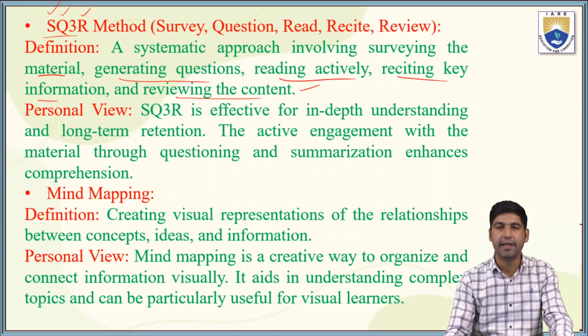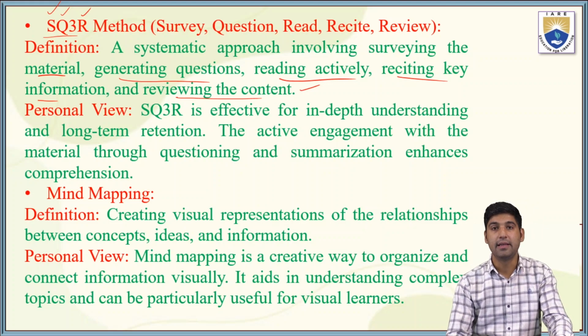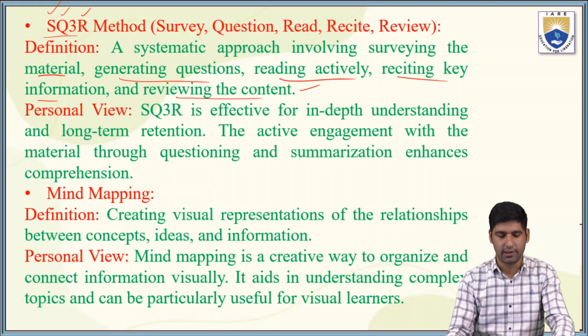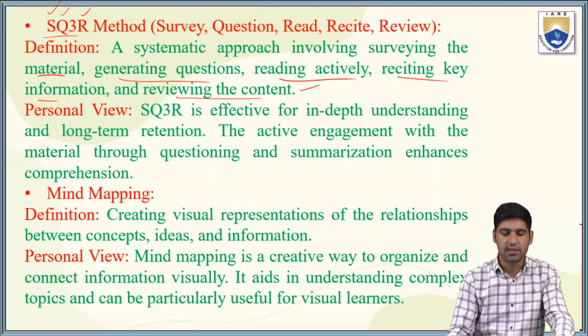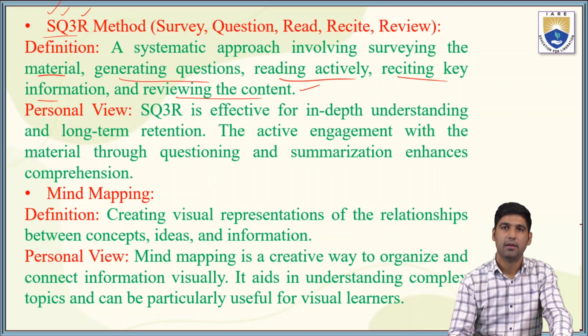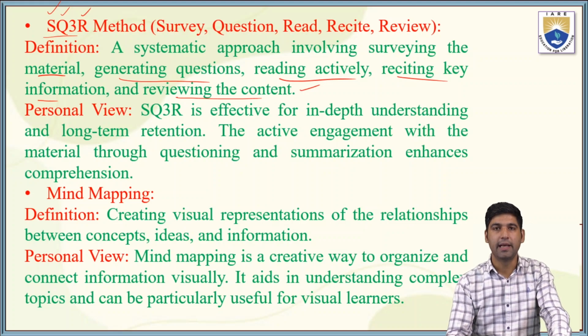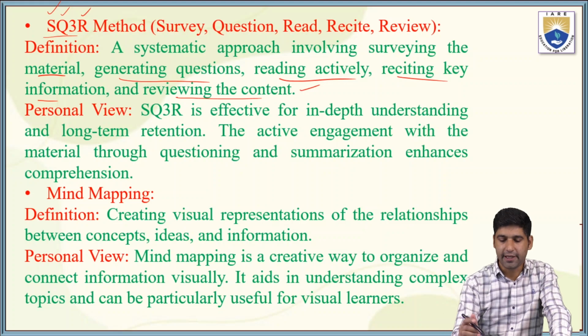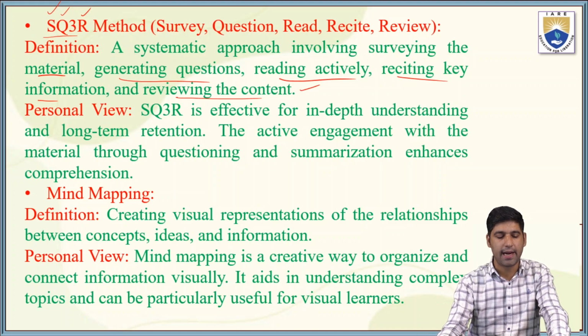Number one is read actively. Number two is recite the key points, meaning reread the key points. Then the next is review the content. Review the whole content at the end. Now, my personal view regarding the SQ3R method is, it is effective for in-depth understanding and long-term retention.